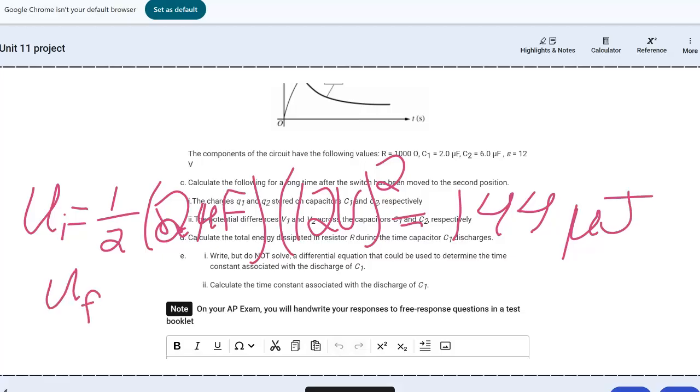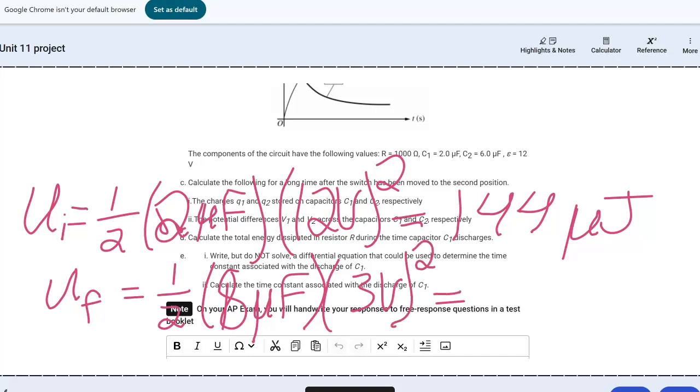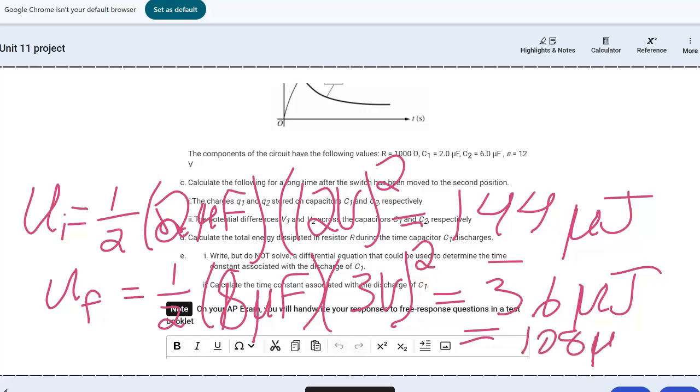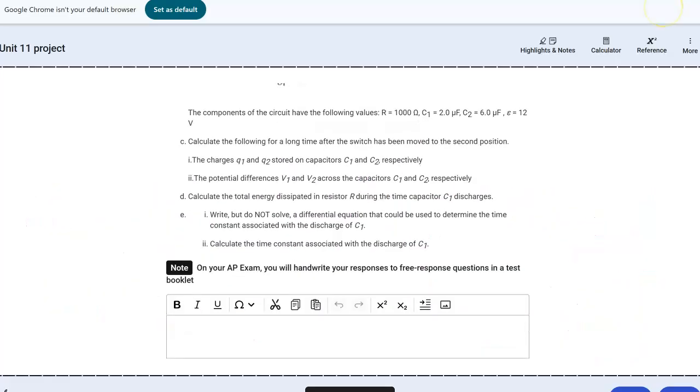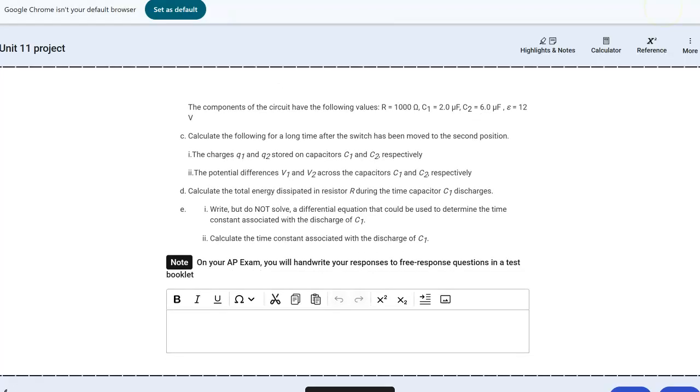And then U final, 1/2 times 8 times 3V squared, because that's what we have at the end. And then that's just going to be 4 times 9, yeah, 36. And then we're just going to subtract the 2, and that gives 108. So that's D. And then E.